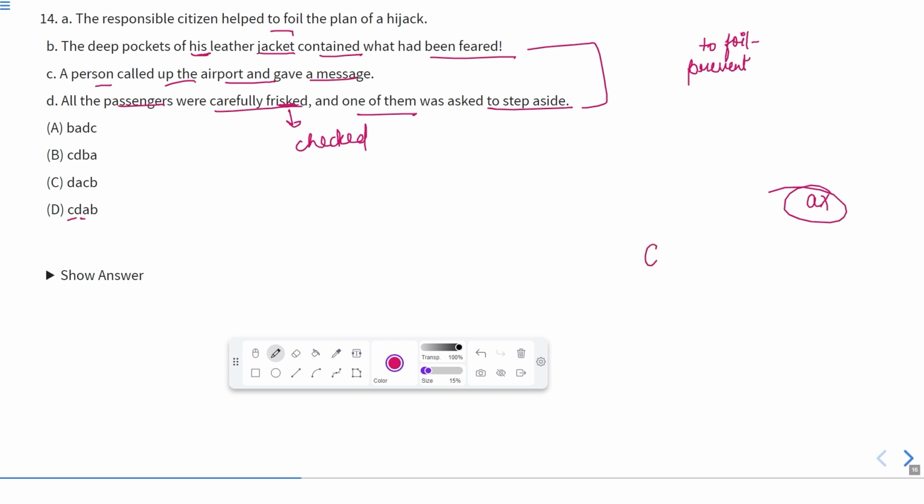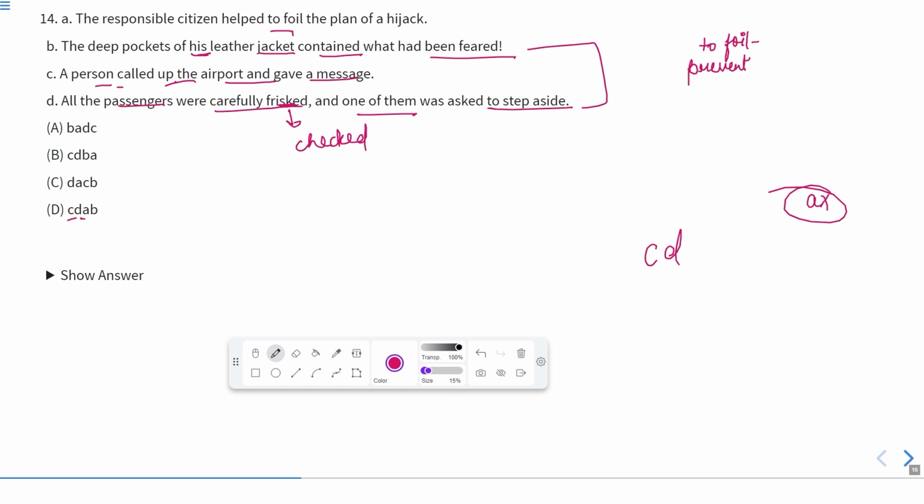Maybe possible he gave the message for the hijacking. Now just because of that, all the passengers were carefully frisked. Okay, so after that D will come, and one of them was asked to step aside. And the deep pockets of his leather jacket contained what had been feared. So that was the person. First of all, a person called up the airport and gave a message, that may be possible a threat he has given, or the message that there is going to be a plane hijacking.